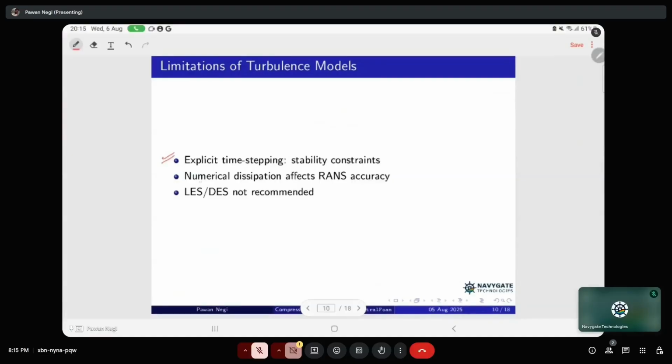Since we are using an explicit time integration, we have stability constraints. Turbulence models work well with implicit time stepping, and since there is numerical dissipation, it affects the accuracy of the Reynolds averaged simulation. And with this, you cannot use LES or DES kind of turbulence models.